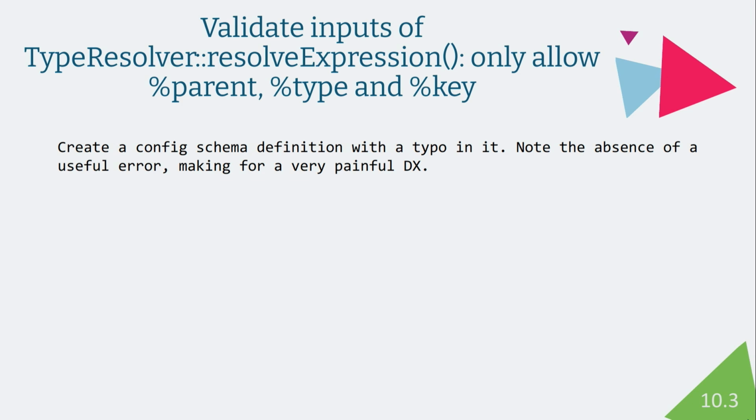We now have some validation in the type resolver to check that the expression being defined is actually an expression that can be resolved, which is a lot of resolving in the same sentence. It used to give you no useful error whatsoever.